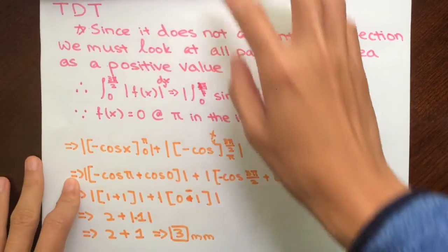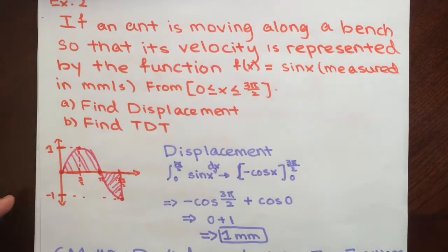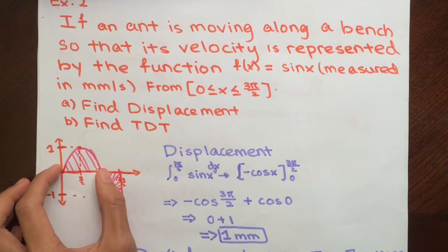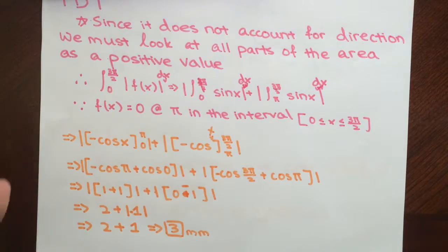However, for the total distance traveled, we account for all positive distance. So we add the 2 millimeters here with the 1 millimeter to get the 3 millimeters down here.